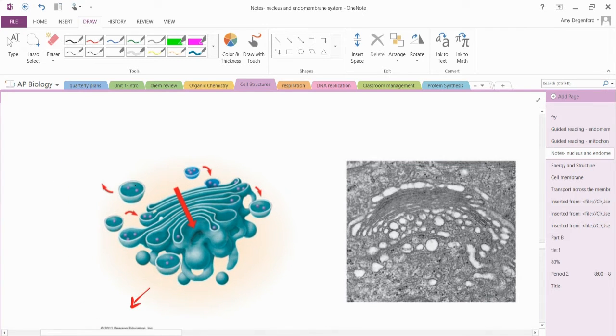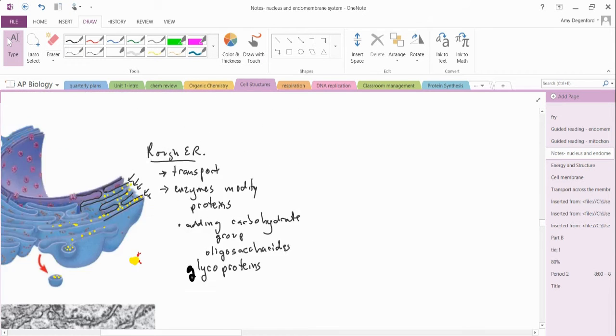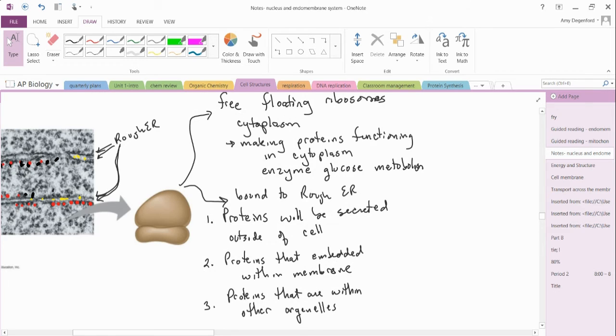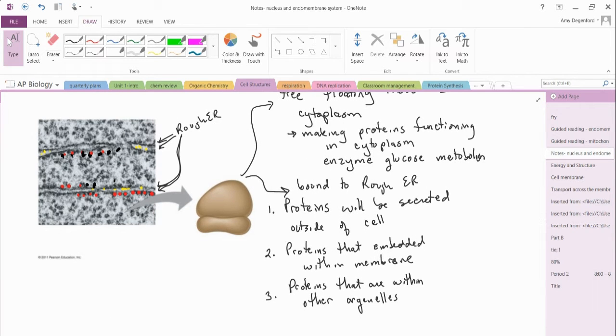And then we get to the Golgi body, and the Golgi body continues our study of this assembly line. So just to review, we started with our ribosomes, and we talked about the ones that are bound to the rough ER. Keep in mind, these ribosomes are making proteins that could be secreted outside the cell, proteins that are embedded within the membrane, and proteins that are within other organelles.